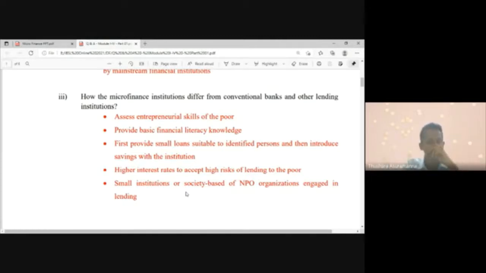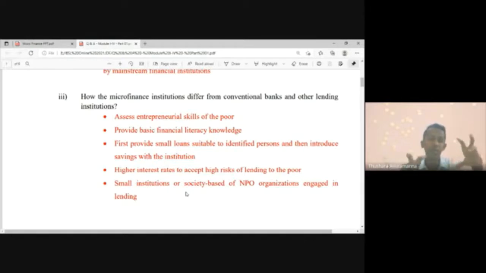Higher interest rates apply to micro enterprises and entrepreneurs because we perceive higher risk. The transaction cost is also high. Then we charge higher interest rates, presuming the higher risk. And the last one is not exactly relevant, but anyway, small institutions or society-based non-profit organizations engage in lending.